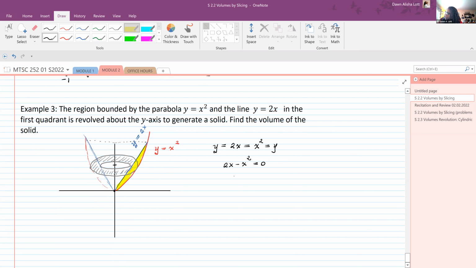So I get x times 2 minus x is equal to 0. So I get x is equal to 0 and 2. But I'm trying to find y. So when x is 0, y is 0. And when x is 2, y is 4. So this value is 4. So my limits of integration are 0 to 4.